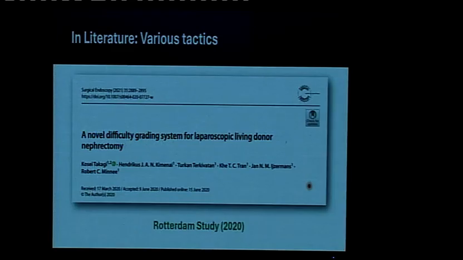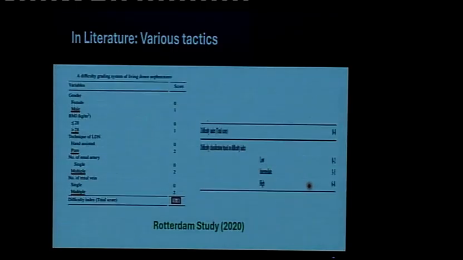Also, we have the Rotterdam study in 2020. They created a score based on 5 parameters: the gender, the body mass index, the technique of laparoscopic donor nephrectomy, and the number of renal arteries and veins. Based on the sum of these scores, they categorized the difficulty of performing the surgery into low, intermediate, or high.